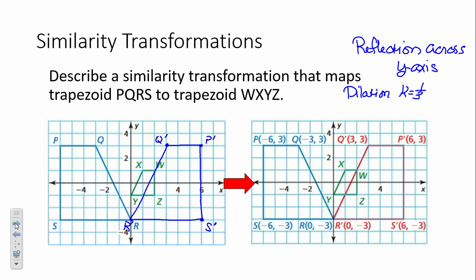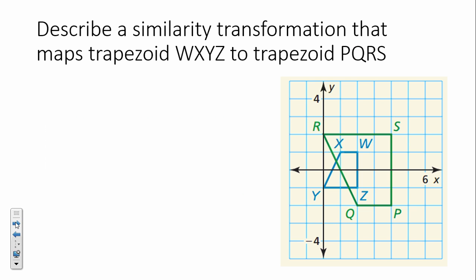Then the next one, our last one, is this one. Okay. So we think it might be a 180 rotation, and then reflect over the y-axis.